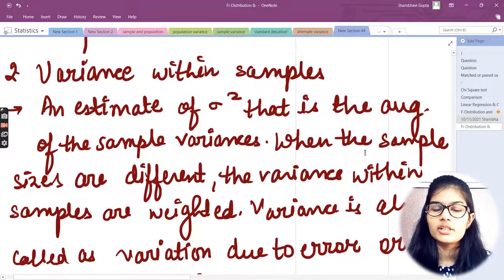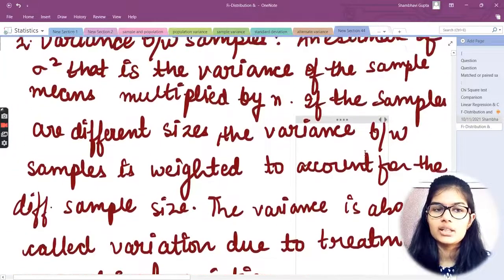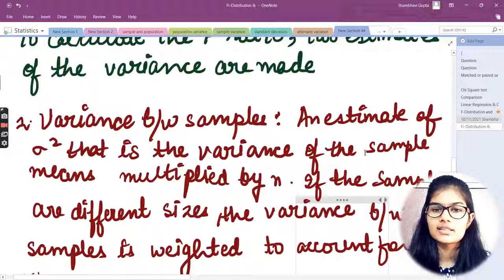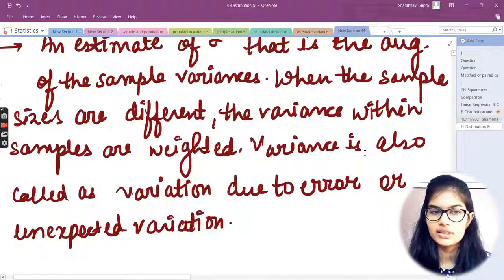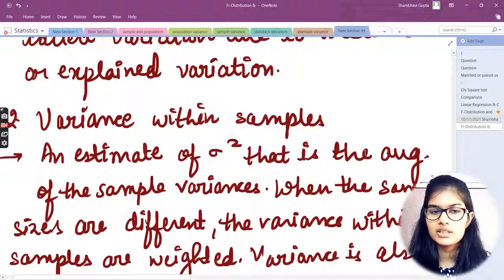Above we saw the first one, the variance between samples, an estimate of sigma square, that is the variance of the sample means multiplied by n, right? And the variance within samples is an estimate of sigma square, that is the average of the sample variances, right? So I hope I am clear with both of these things.